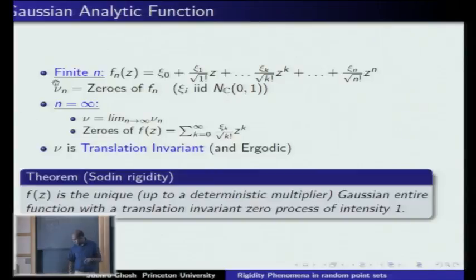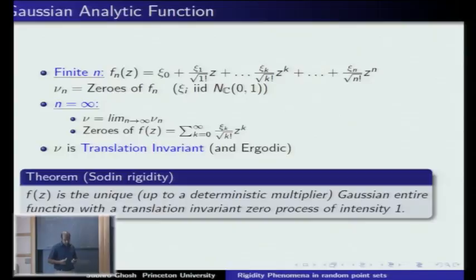The kind of question we are going to ask about these processes is as follows. Suppose you have a bounded domain in the complex plane. I will come to the exact technical conditions in a moment. If you know the points outside this domain, what information does it give you about the points inside?